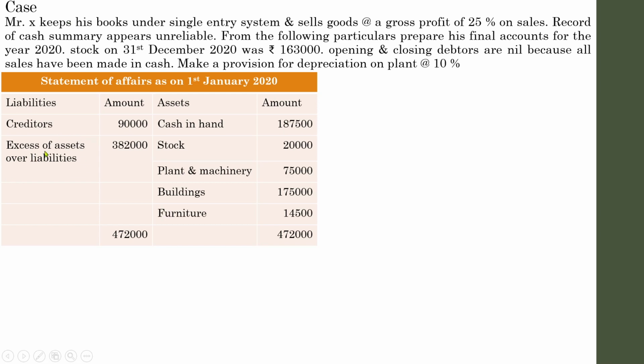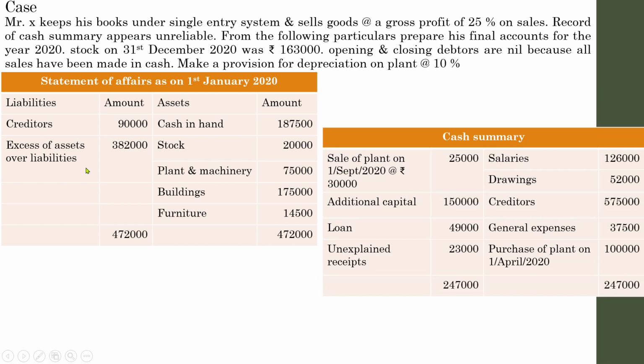It's another term used for specifying capital. Next one, cash summary is there, just like the cash transactions. Usually cash transactions during the year were given in the form of a paragraph. Here a cash summary is directly given in the question, and go through the details given, whether there is anything peculiar. Sale of plant is there, purchase of plant is there.